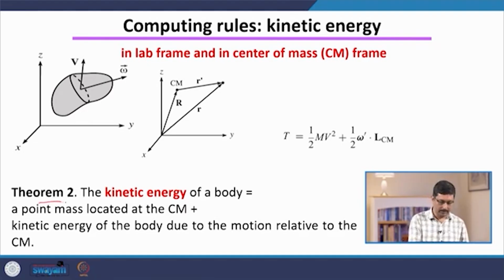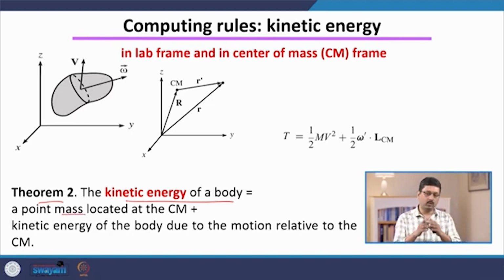Our theorem says that the kinetic energy of the object will have two pieces: as if the whole object is a point mass located at the center of mass, plus the kinetic energy due to pure rotation about the center of mass.